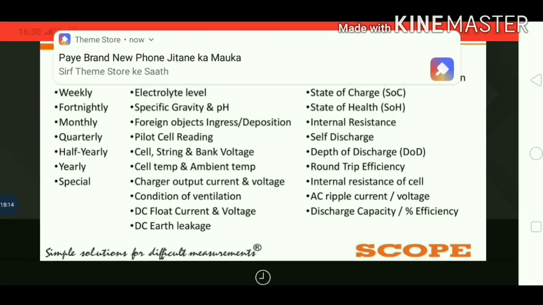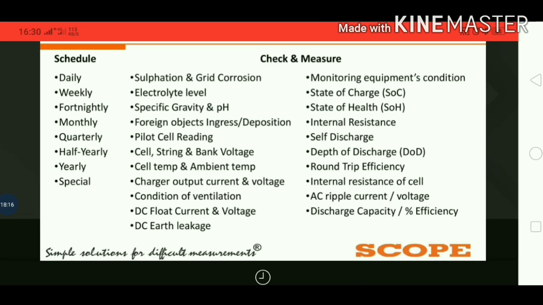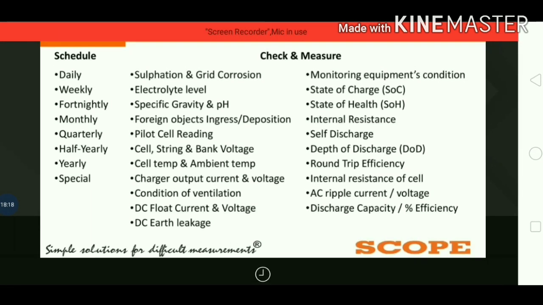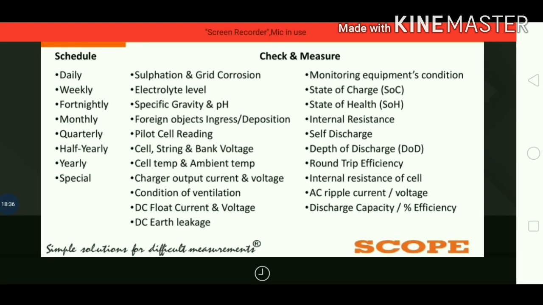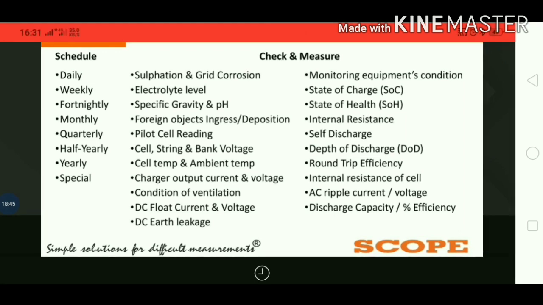Hydrogen gas will start to form inside the battery, so for that the ventilation is required, and the condition of ventilation is very important. The DC float current and voltage are checked, and also the leakage current. Now the other parameters like state of charge, state of health, the DOD, these things I have already explained, so I don't need to explain them further.